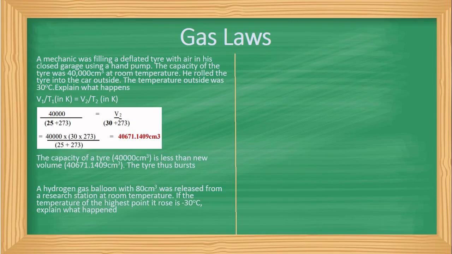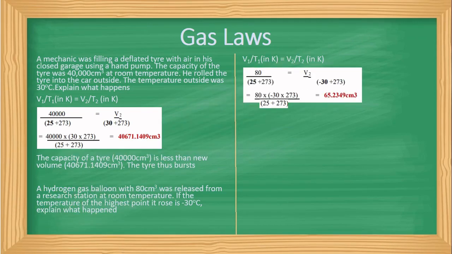Let's look at another example. A hydrogen gas balloon with 80 centimeter cubic was released from a research station at room temperature. If the temperature of the highest point it rose is negative 30 degrees Celsius, explain what happened. Same way here, you use our formula V1 over T1 is equal to V2 over T2.